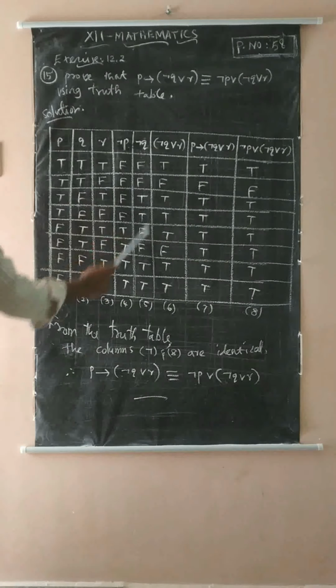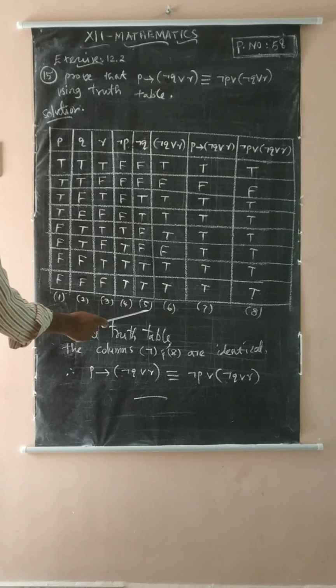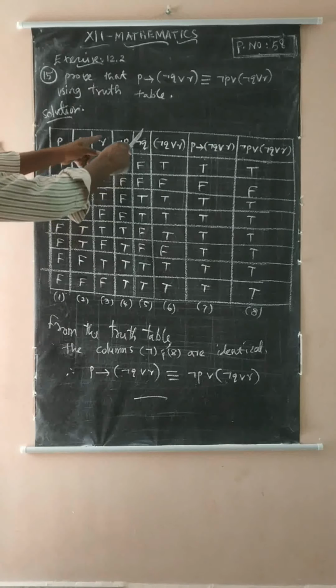Negation Q is the fifth column, R is the third column. The OR statement rule: if both are false, the OR statement is false, otherwise true.